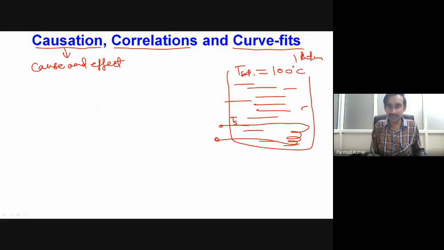Now if we consider that we are maintaining some constant surface temperature over here, which is greater than T saturation, what will be happening in this particular type of phenomenon? From the surface of the heater, we will be finding that there will be formation of some vapor bubbles, and these vapor bubbles will be detaching from this surface, and we will be finding some vapor bubbles rising in this liquid pool.